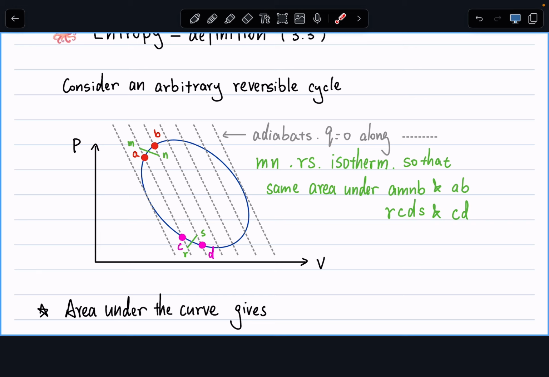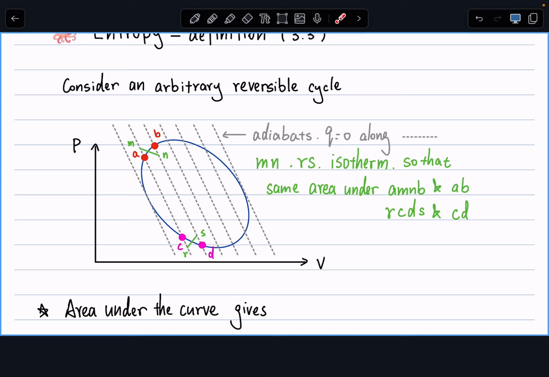Now on the PV diagram, like what we did for the Carnot cycle, each of these dashed lines is what we call an adiabat. What that means is that any point along this gray dashed line corresponds to adiabatic processes.